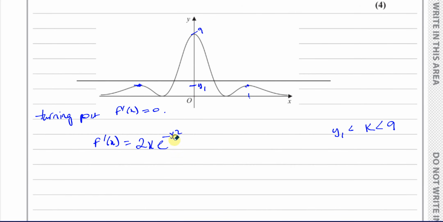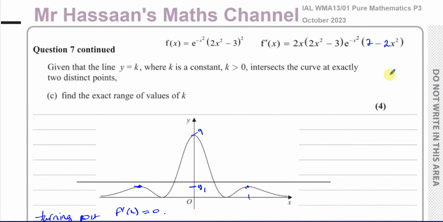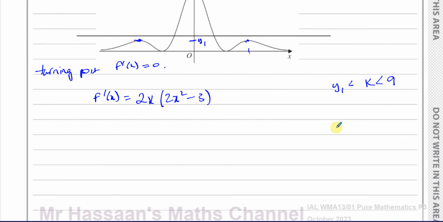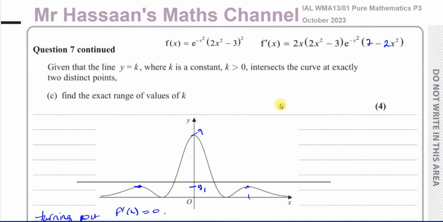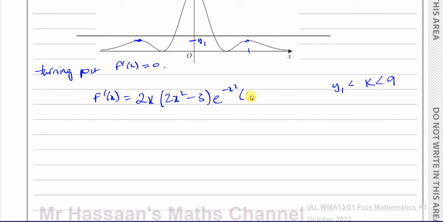Let me do it the same way they wrote it: 2x times 2x squared minus 3, times e to the power of minus x squared, times the last bracket, which was 7 minus 2x squared. That's f dash of x. So we know the turning point is when this is equal to 0. So you have 2x times 2x squared minus 3 times e to the power of minus x squared times 7 minus 2x squared is equal to 0.